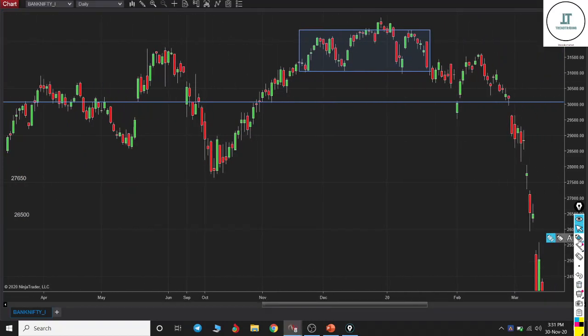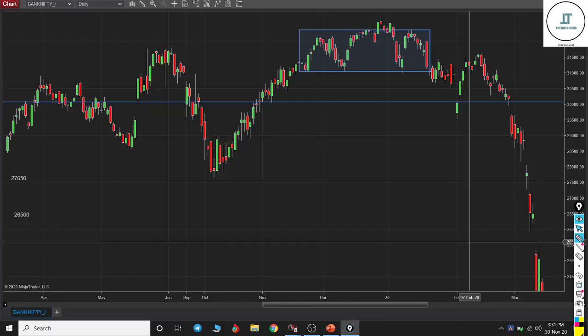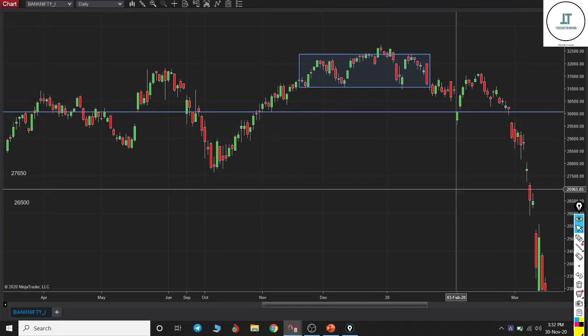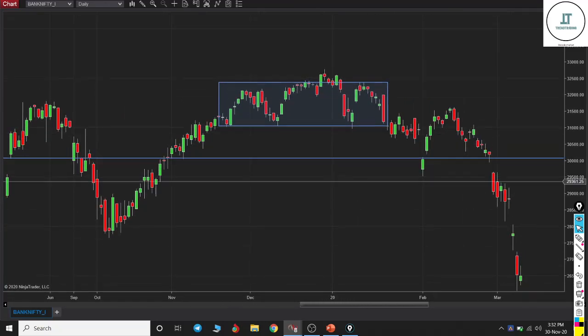Okay, so next, look at this. Post this up, down and up move, now price came into a very tight zone. After a very long time, post completing the markup phase, price came into a very tight zone.